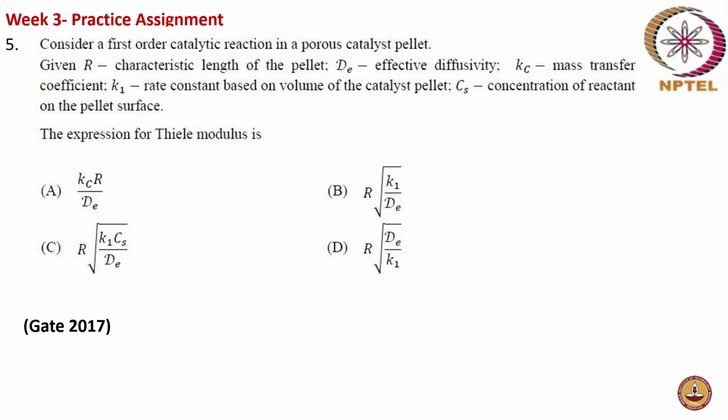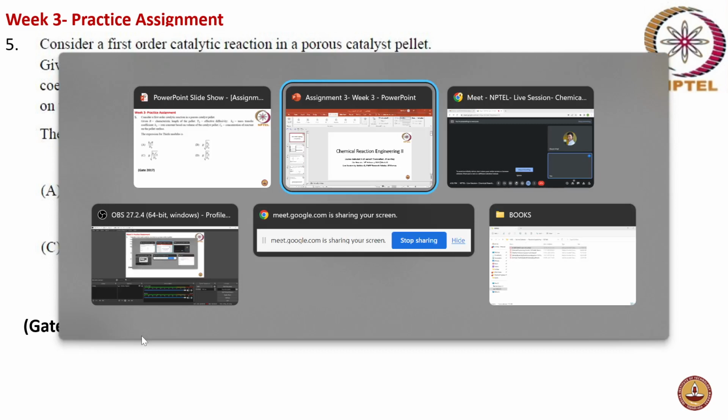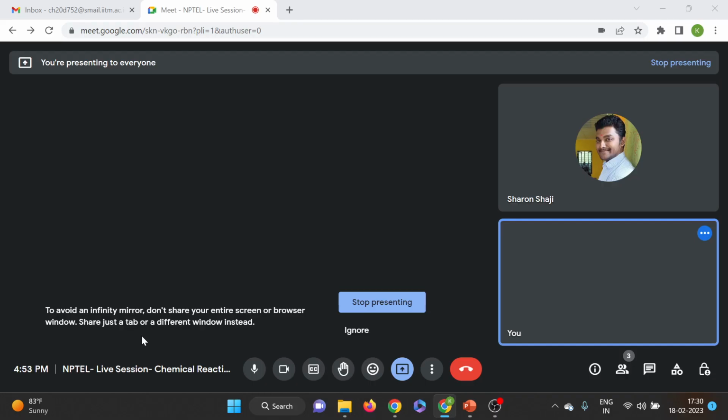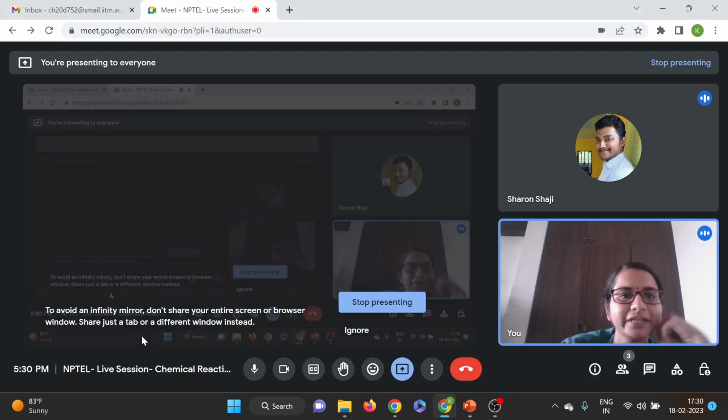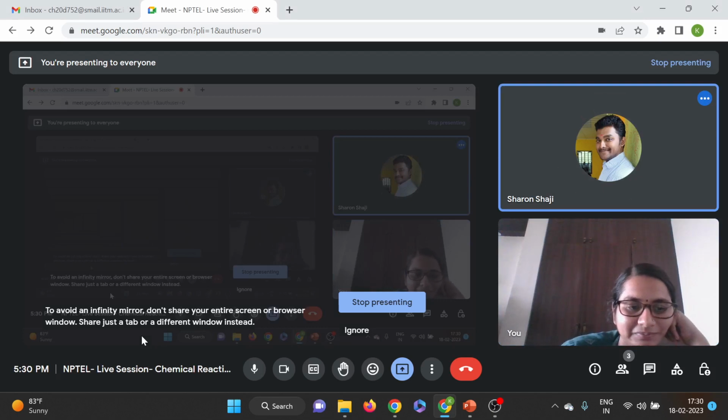You just have to incorporate this first order catalytic reaction in the reaction rate term. Are you there? You want to take a guess? No, ma'am. Go through the lecture.